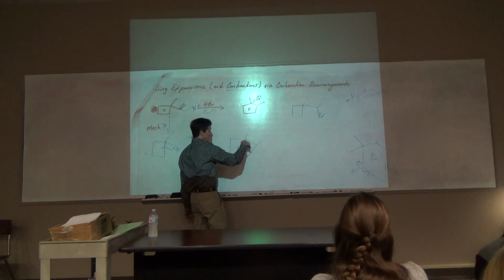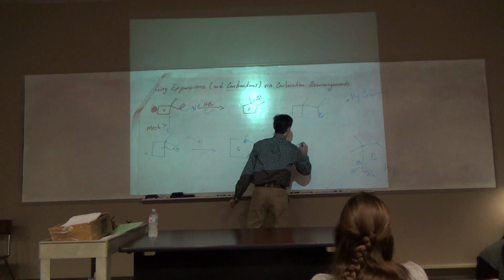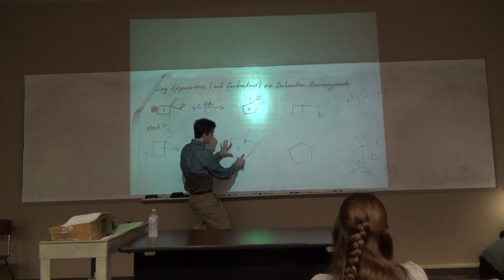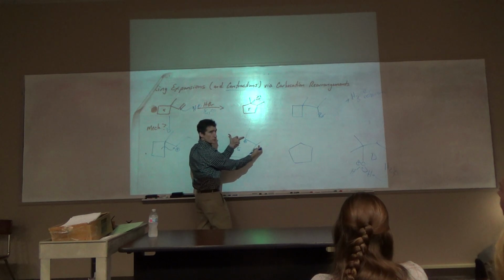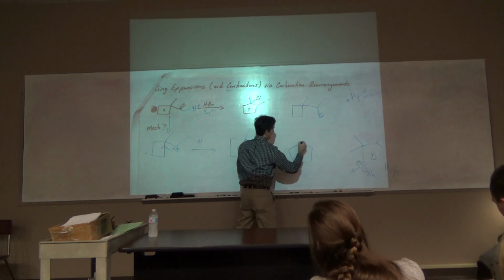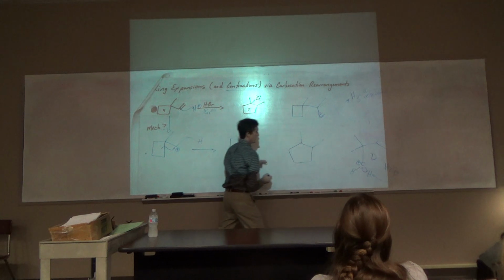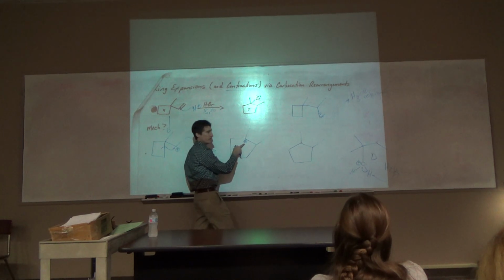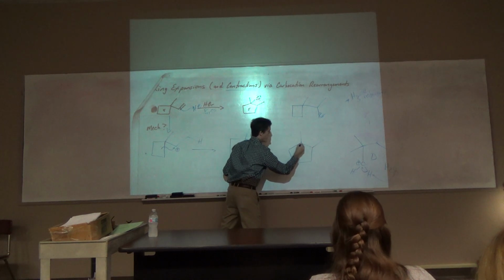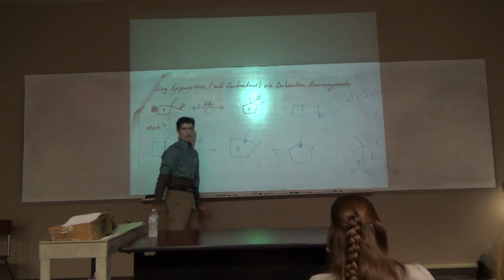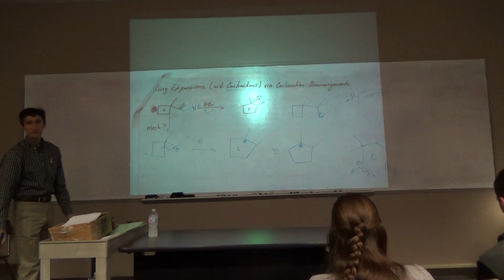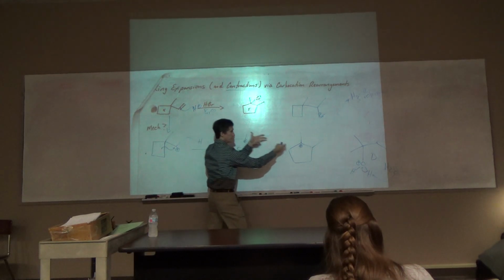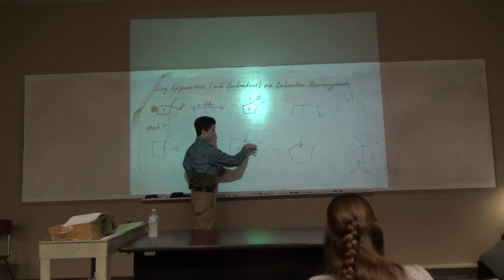Now if we redraw this 5-membered ring more like this, it's a 5-membered ring, 2 methyls next door, and one of the carbons with the methyl is a carbocation. So how about if I was to redraw it like that? Same thing, right? 5-membered ring with 2 methyls next door, and one of them is a carbocation.